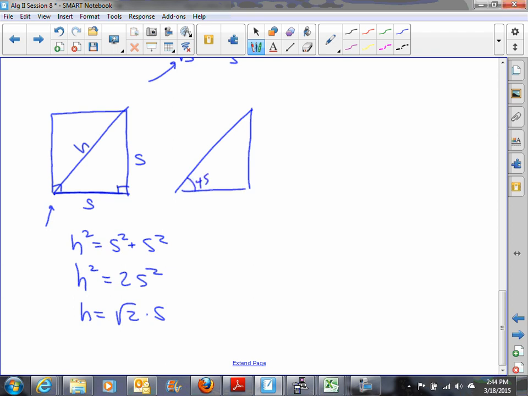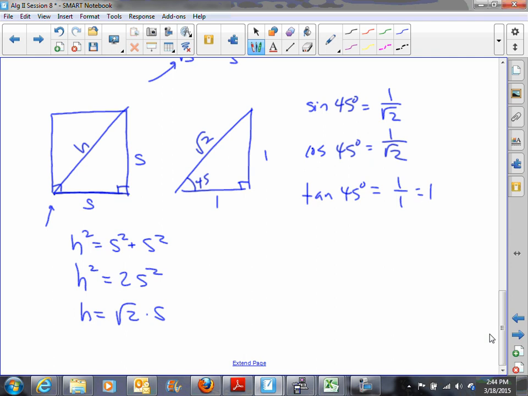Now that we have that, let's take a look at the sines, cosines, and tangents of 45 degrees. Now, if this is 1 and this is 1, this is going to be the square root of 2. So we get the sine of 45 degrees is equal to 1 over the square root of 2. The cosine of 45 degrees is equal to 1 over the square root of 2. And the tangent of 45 degrees is going to be 1 over 1, which is 1.